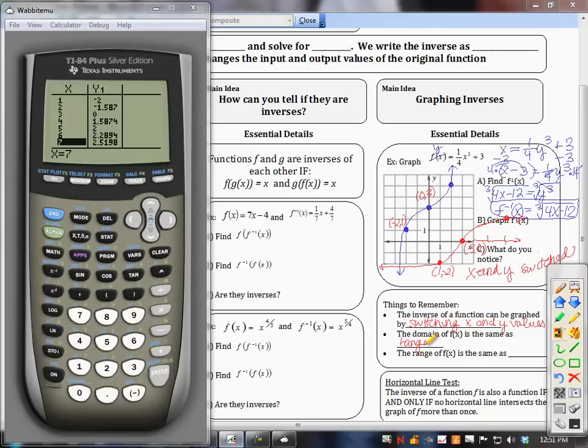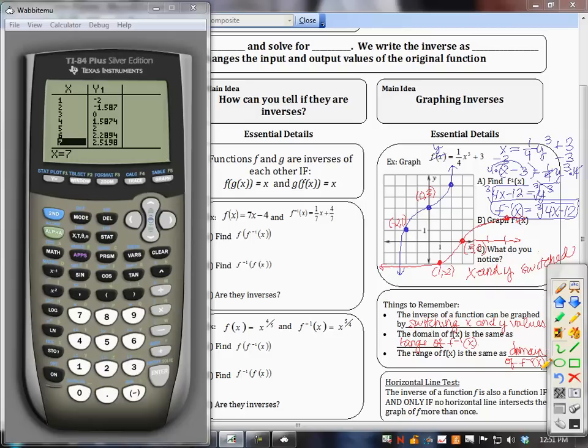So it's the same thing as the range of my inverse. The same thing applies where if I talk about the y values of my original, or the range of my original, it's the same thing as the domain of my inverse. So that's just really kind of going back and saying the x and y axis.